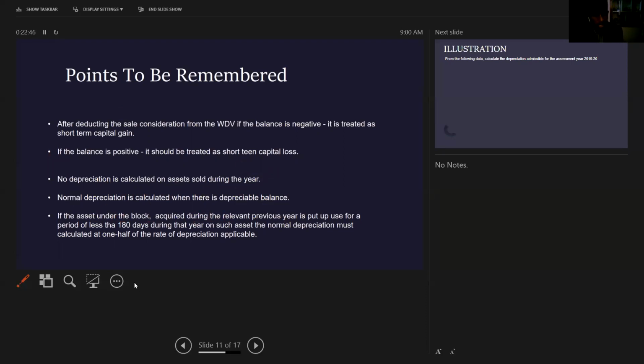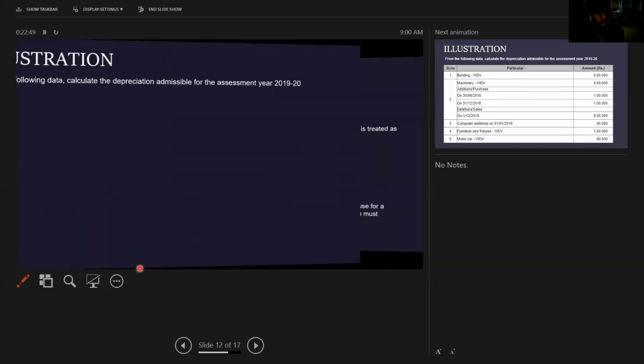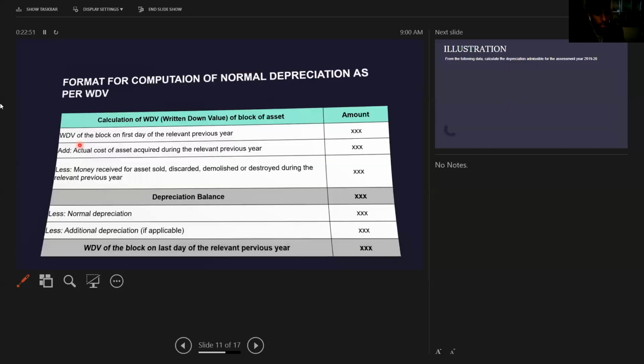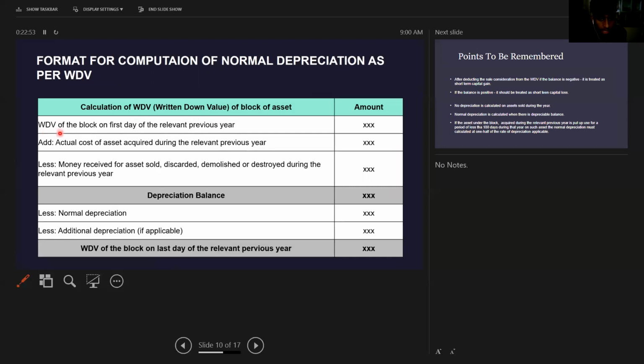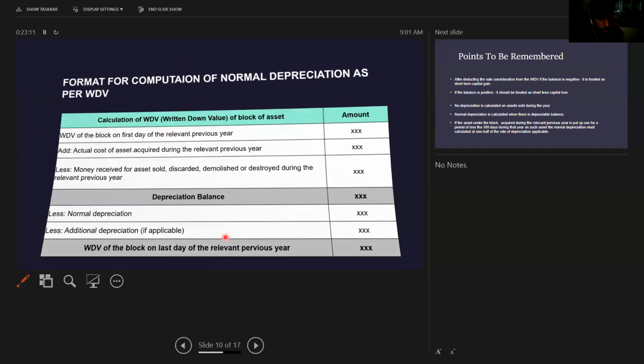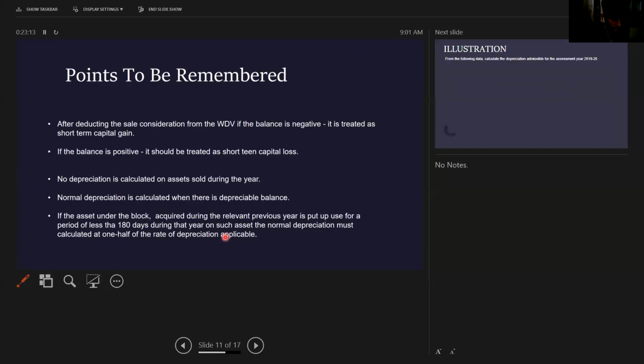As we saw on the last slide, if you take the written down value, add some actual cost, and deduct the money received for the asset sold, and the depreciable balance is nil, then you can't calculate either normal depreciation or additional depreciation. This is one of the main and important points to be remembered.